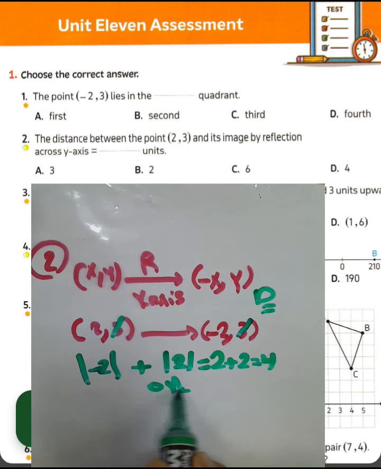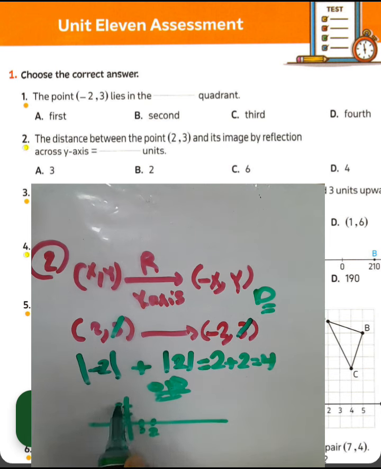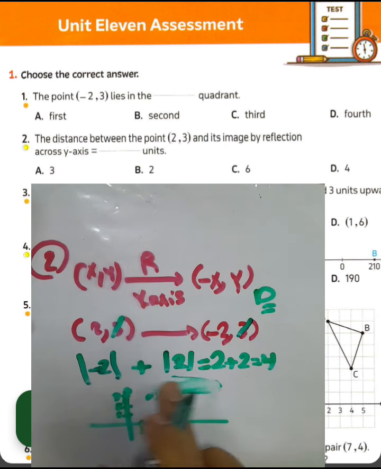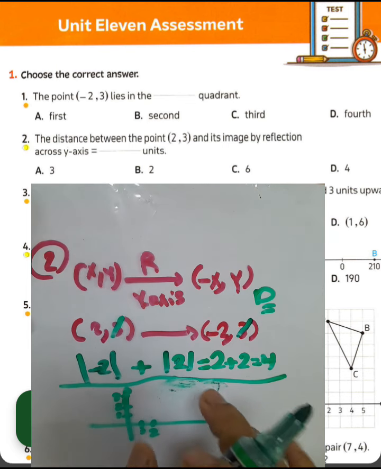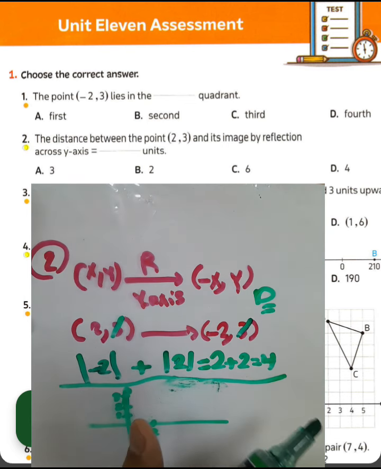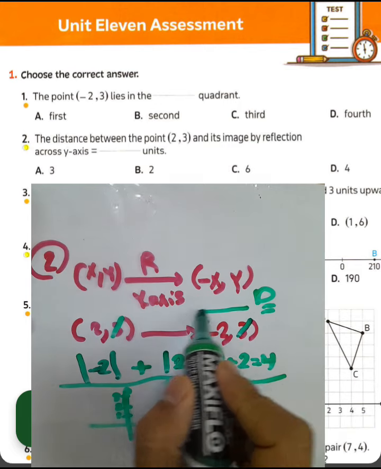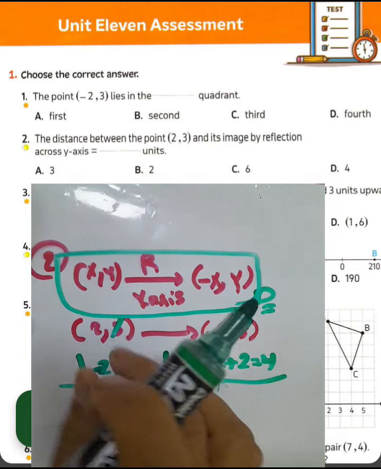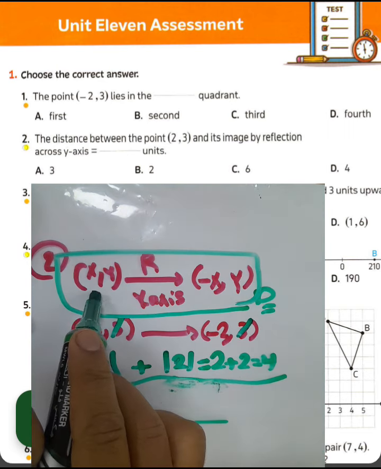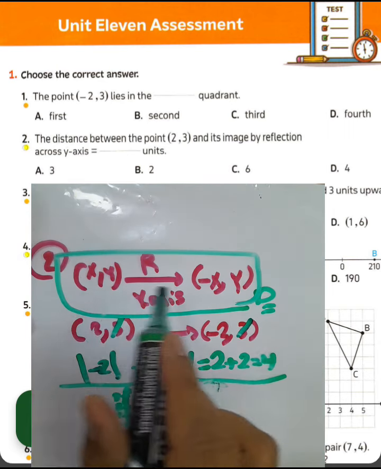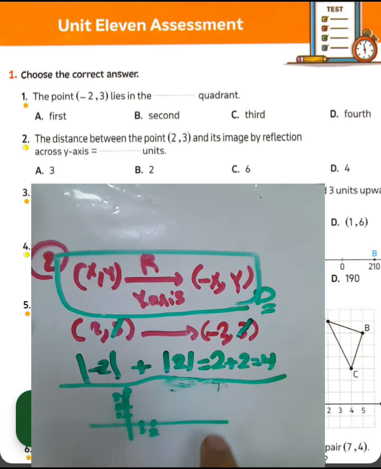Or you can solve this example by another method. First we must know the rule to find the image of any point across the y-axis: you make x negative and keep y the same.